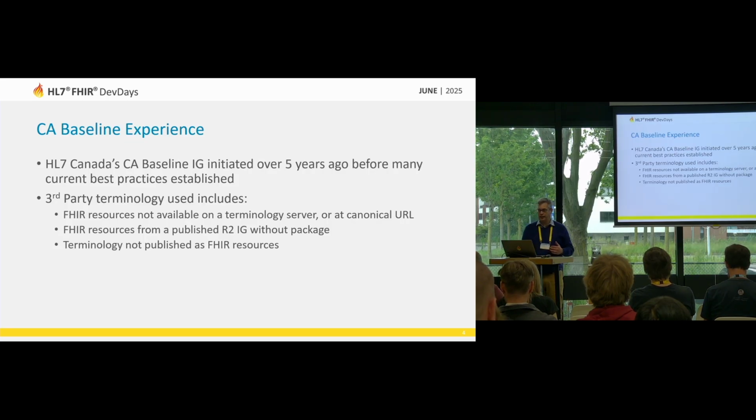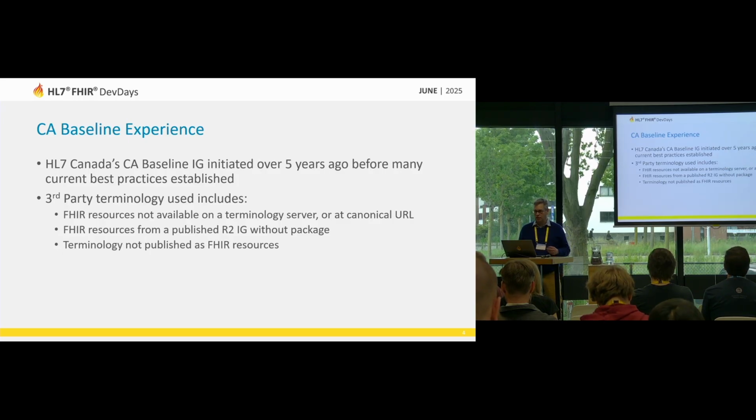However, we ran into issues. Terminology we wanted to use wasn't available on a FHIR terminology server, not distributed in an IG package, and not downloadable at the canonical URL. On the plus side, though, at least some of it had recently become available as FHIR resources, although in one case it was part of a DSTU packageless IG.